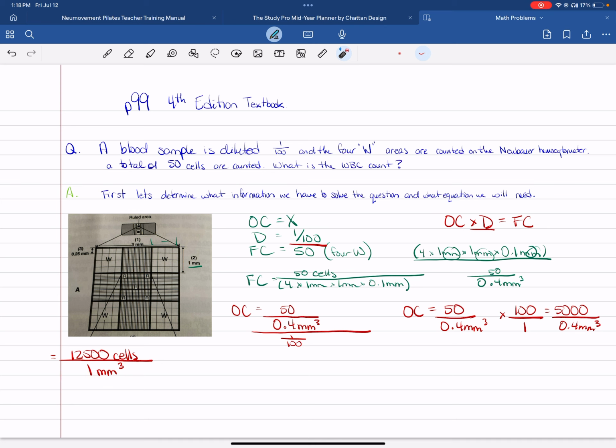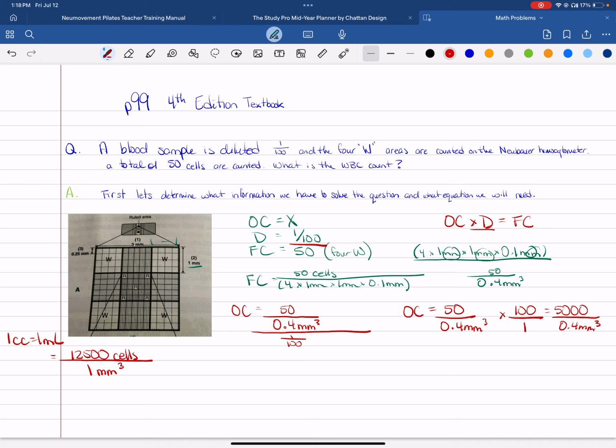Now, on the next page, page 100, you can see that most labs report white blood cell counts in cells per liter, not per millimeter cubed. So we can change this using conversion factors. If you remember that 1 cc equals 1 mL, we can use nice conversion factors.